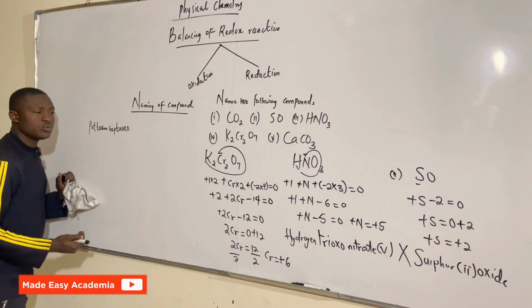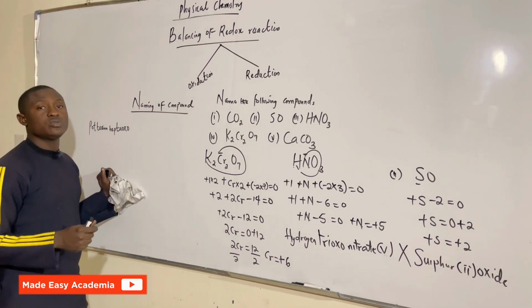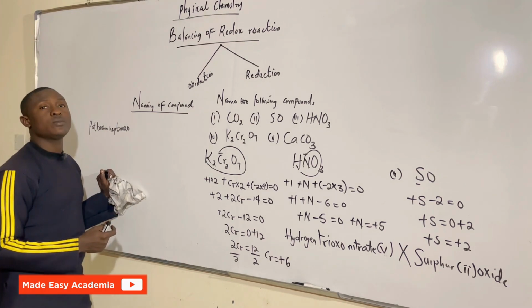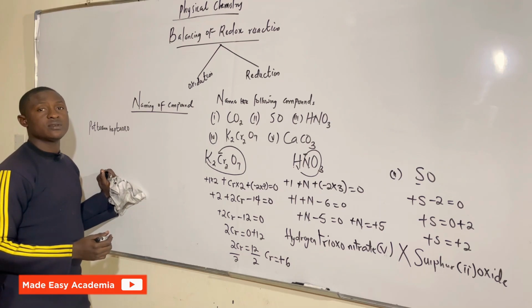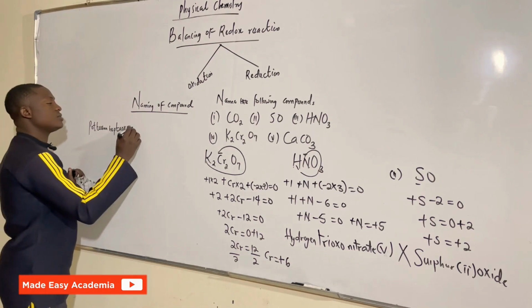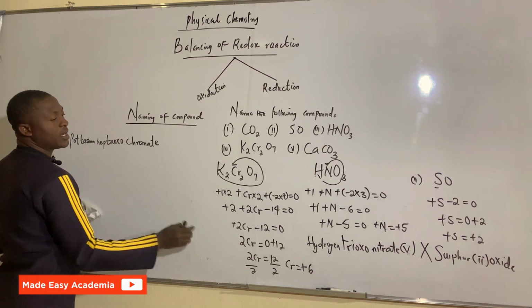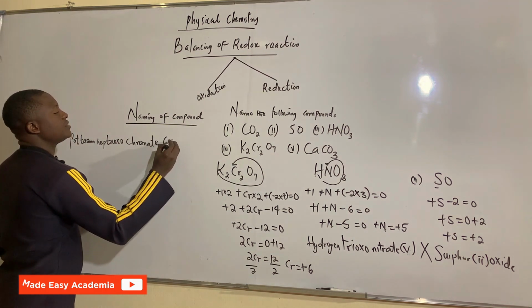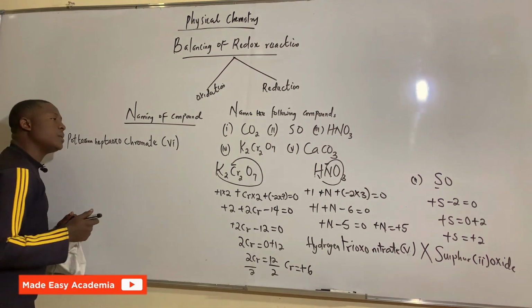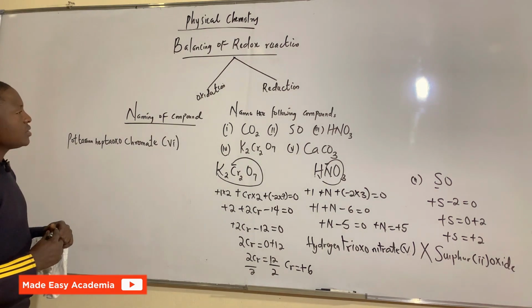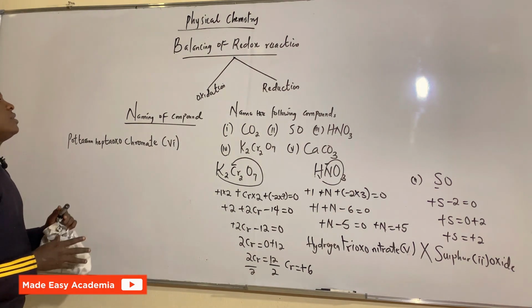So I told you when they are in the middle, they will change their name. So since we have chromium, it's going to turn to what now? Yeah, chromate. What do we have? We got 6. That's going to be chromate 6. That is our potassium heptaoxo chromate 6. That's all about naming of compounds.